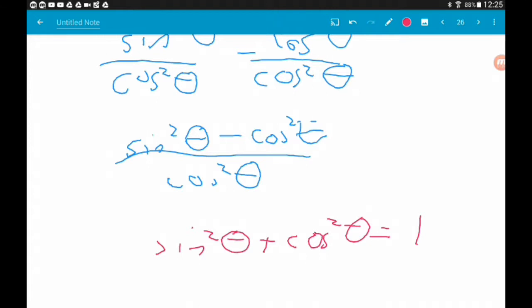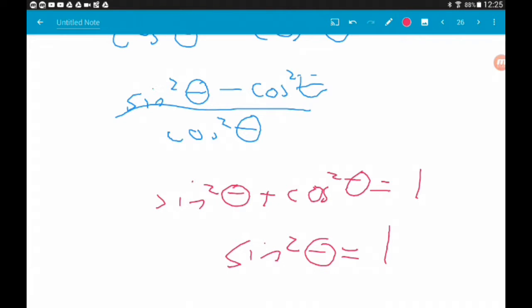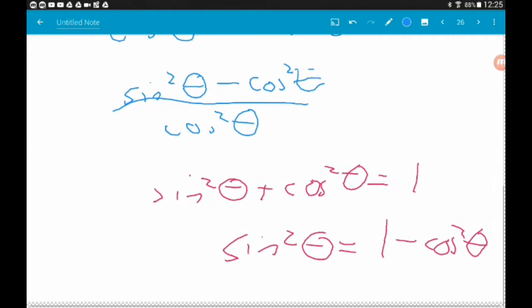Then if we want to turn sine squared into something to do with cos squared, we would take away cos squared of theta and we would get sine squared theta is 1 minus cos squared theta.